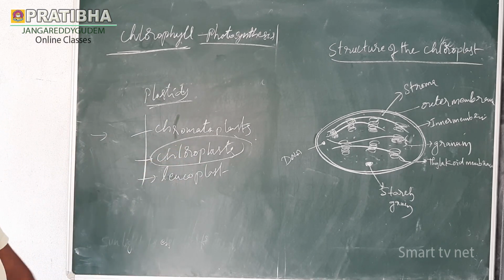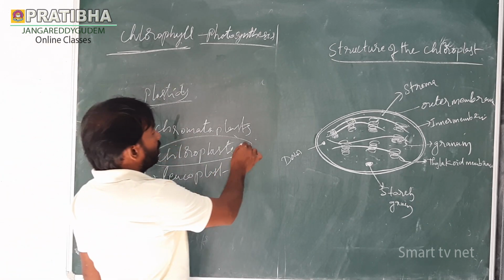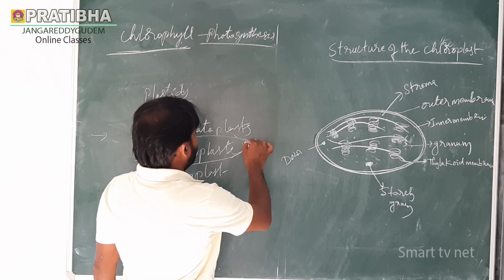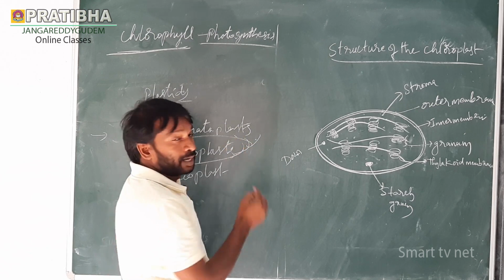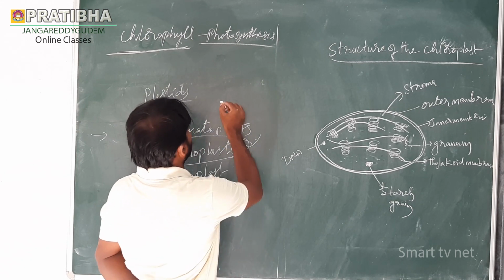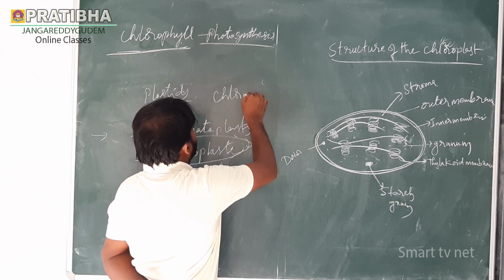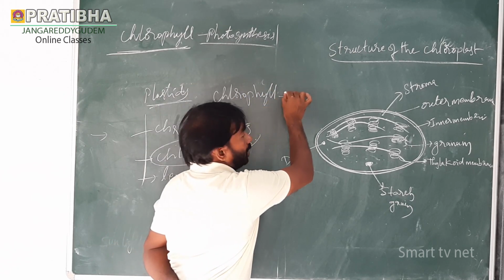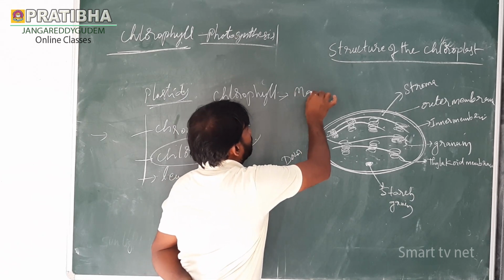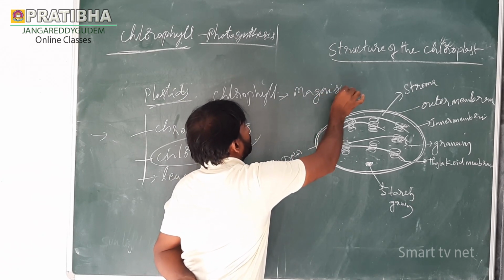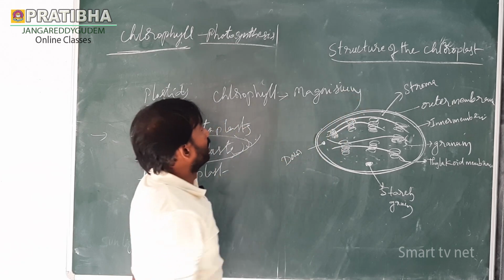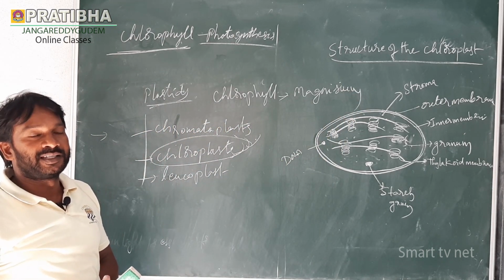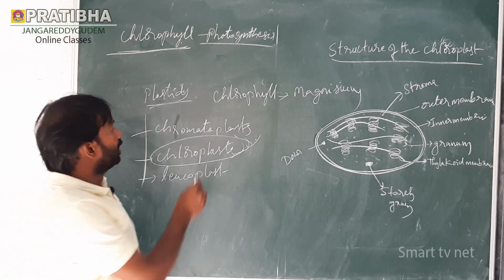This is the chloroplast. Green color plastids contain chlorophyll. Chlorophyll is the photosynthetic pigment. The chlorophyll pigment contains one atom, that is magnesium. Like that, in human beings our blood also contains a pigment called hemoglobin.